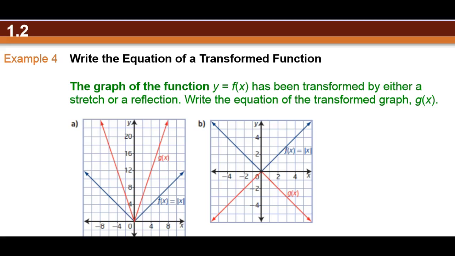If our original equation is this, and we said it's a reflection on the x-axis, which means our y's change, a reflection on the x-axis looks like this, right? It has a negative in front. We could write the points out on the table and check it out, and we'd find the same thing.